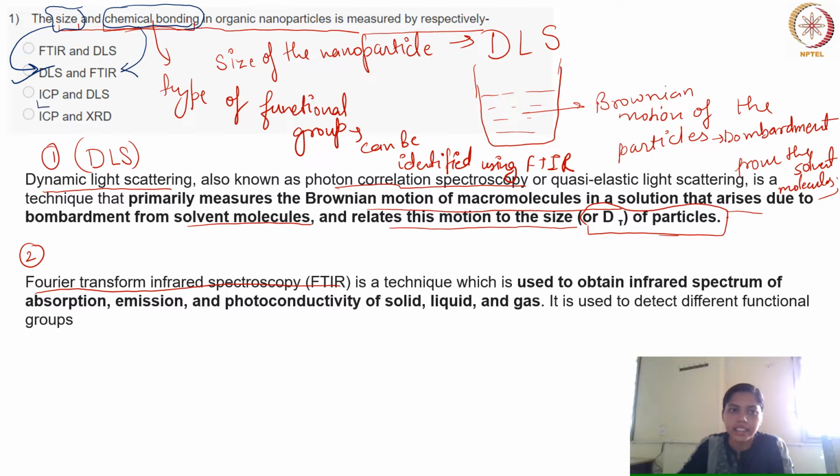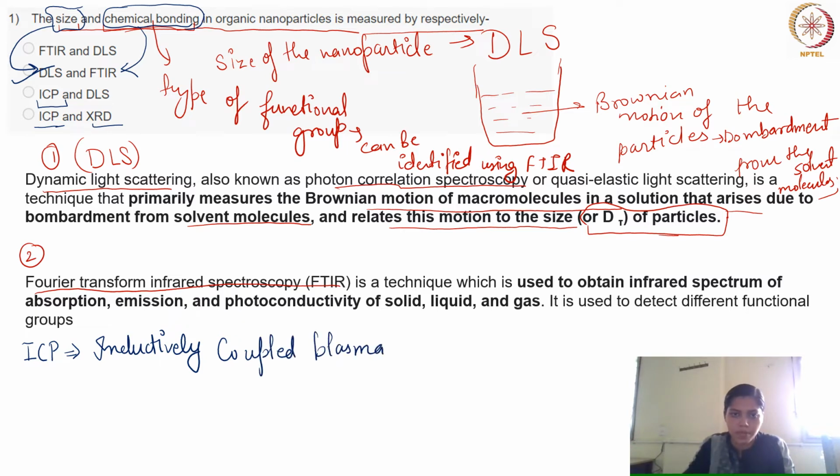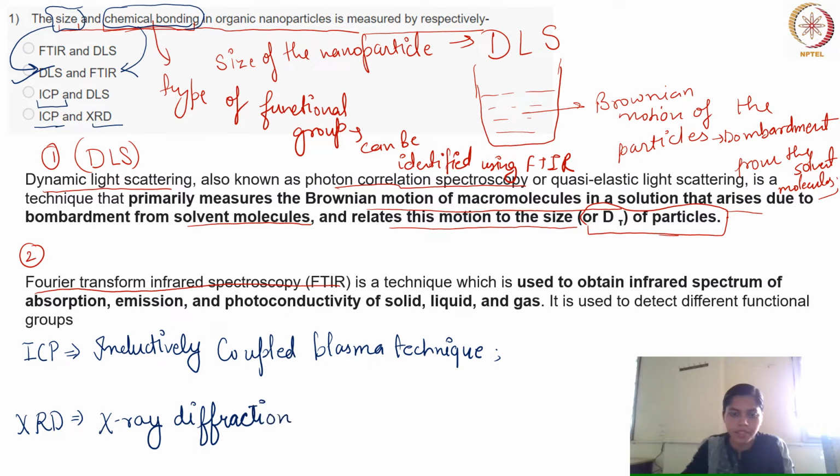The other two techniques written here are ICP and XRD. Basically ICP stands for inductively coupled plasma technique, and XRD stands for X-ray diffraction technique.